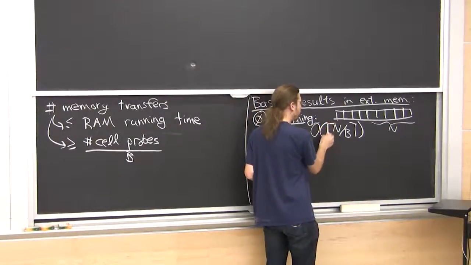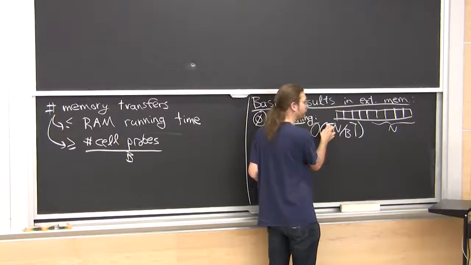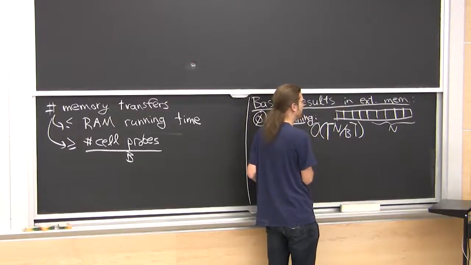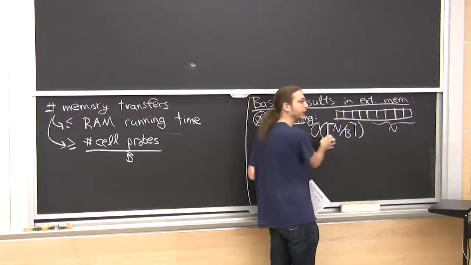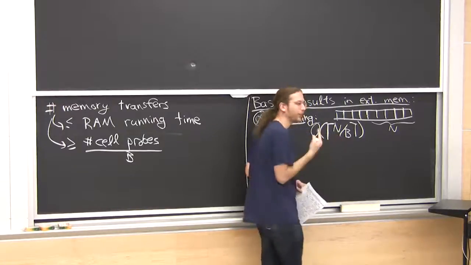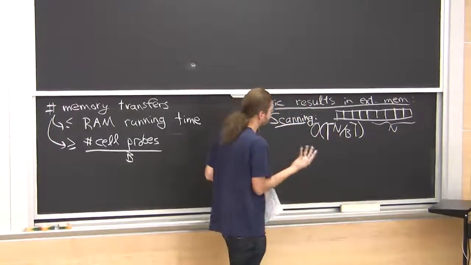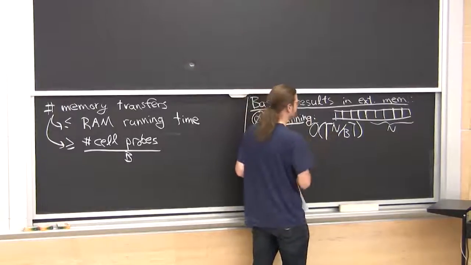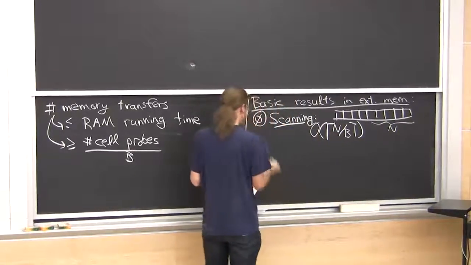So the annoying part here is the ceiling. If n is smaller than B, then this is not great. I mean, you have to pay one memory read, so it's optimal. But anyway, that's scanning. Pretty boring.